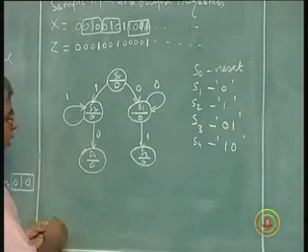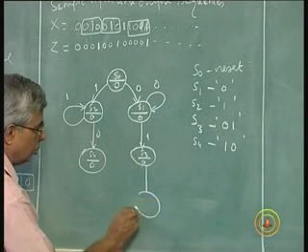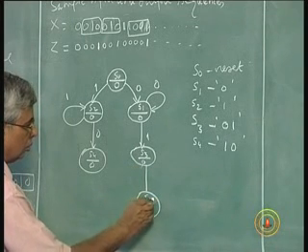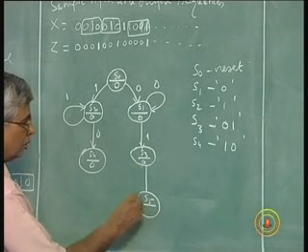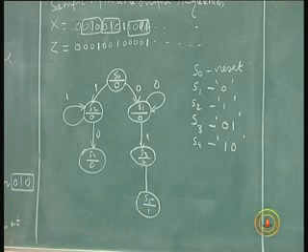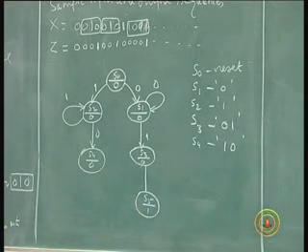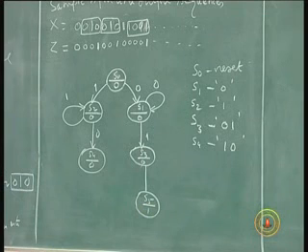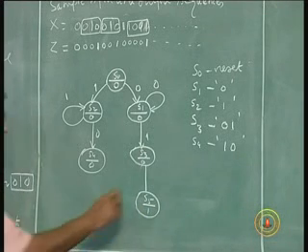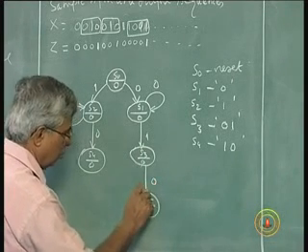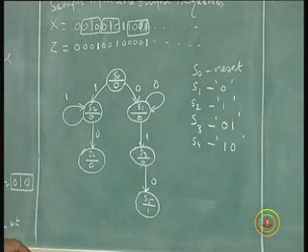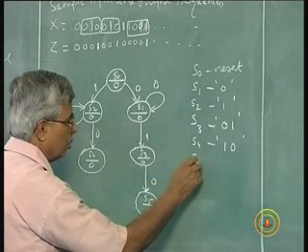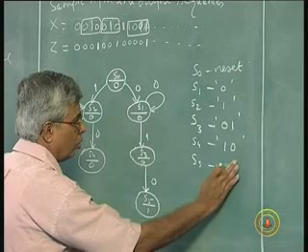I cannot go into any other thing because S5 is a state in which output has to be 1. I cannot go to one of the states which is already there, because all those states are only zeros. So this is a 0, 0 state, that is S5, 0, 1, 0.